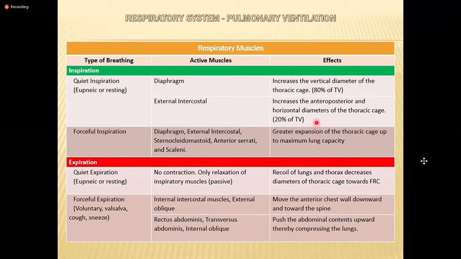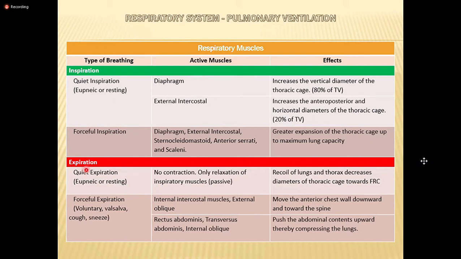Or else only 80% of the vertical diameter of the thoracic cage and 20% of the anterior posterior and horizontal. That is how far they will expand. But during forceful inspiration, this is what happens: greater expansion of the thoracic cage up to maximum lung capacity.